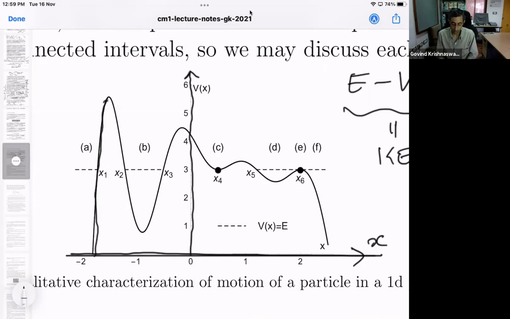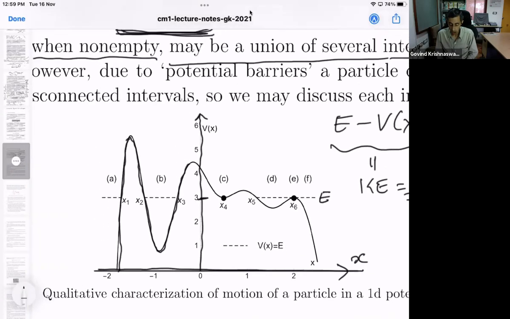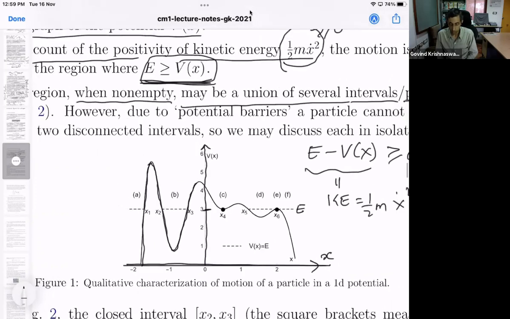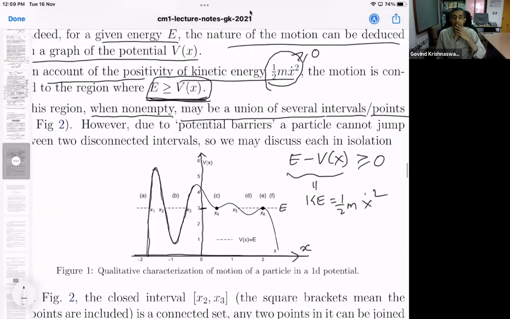I've just taken some general potential which I have concocted. And we suppose that initial conditions are such that the energy of the particle is given by this value. Let us suppose that is the case. Any question about our setup?